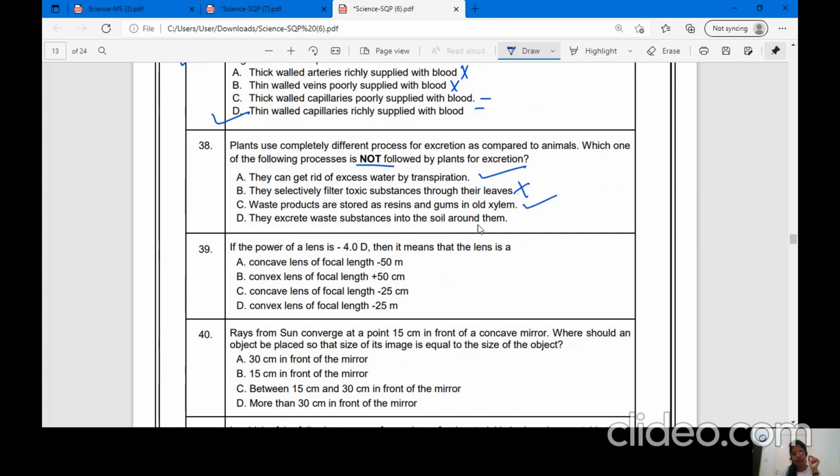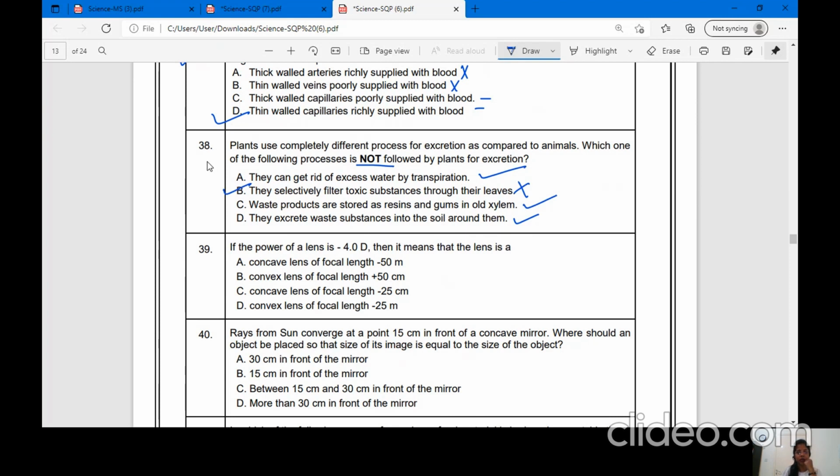Yeah, that's correct. It happens. They excrete waste substances into the soil around them. This is also right. So what is incorrect here? They selectively filter toxic substances through their leaves. Okay, so they don't have any excretory system in leaves. So this is the incorrect one about excretion of plants.